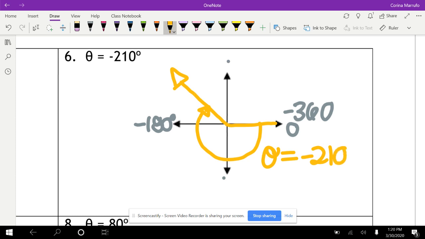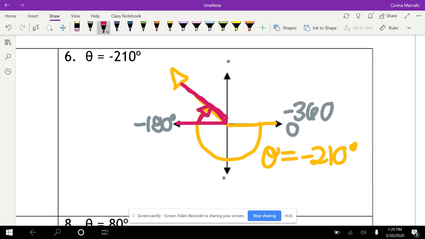Now your reference angle goes from the x-axis, either the positive or the negative, depending on which one's closer. So the positive x-axis, the negative x-axis to here, our terminal side. So this little piece right here, from here to here is considered to be our reference angle. Okay.